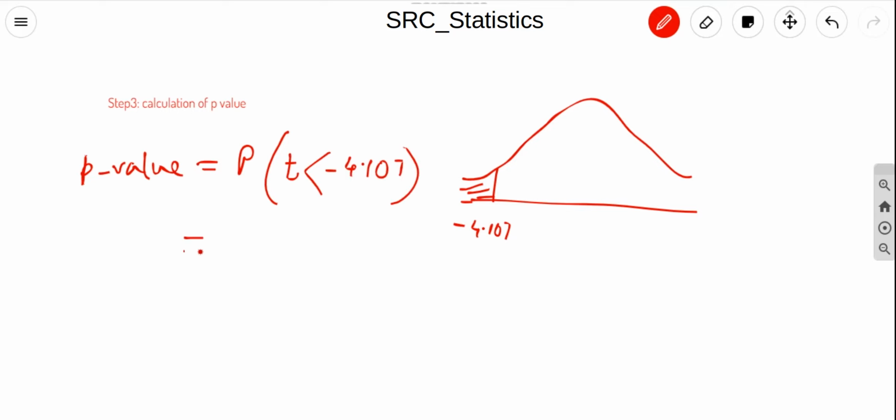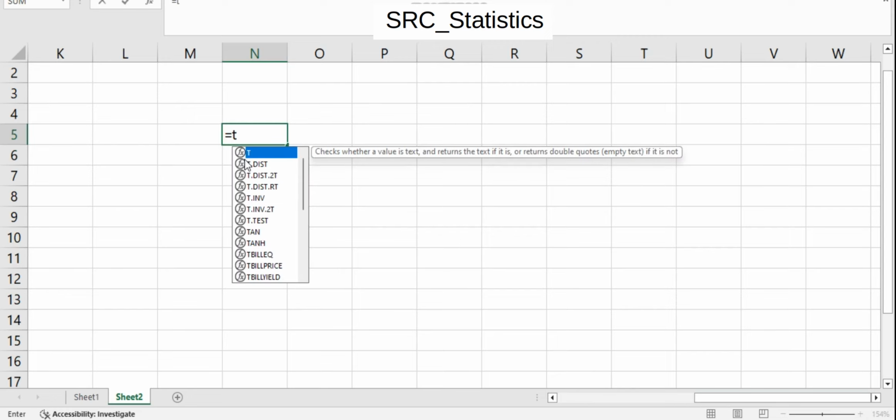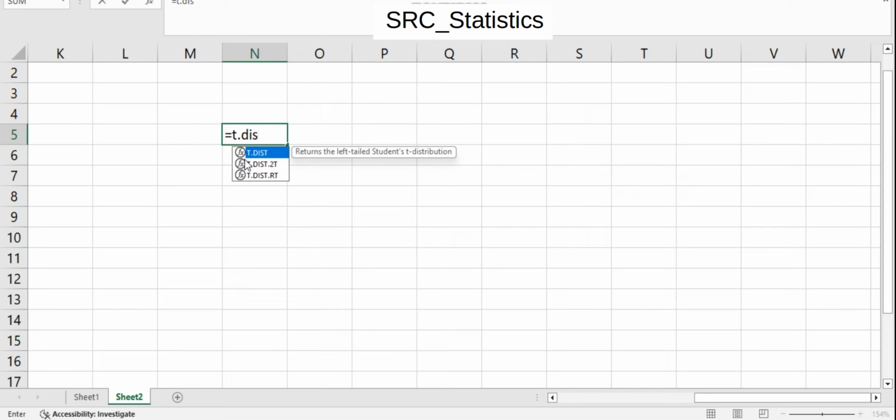For the t-test, the calculation of the p-value is not possible manually with the help of the critical value table. We shall use Excel. You can use any other software to calculate the p-value. I shall show you how to do it with Excel. In Excel, we select any cell and put an equal sign, then T.DIST. Options come up: T.DIST.2T, T.DIST.RT.